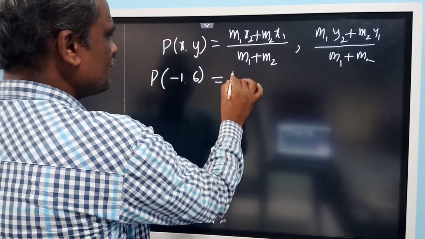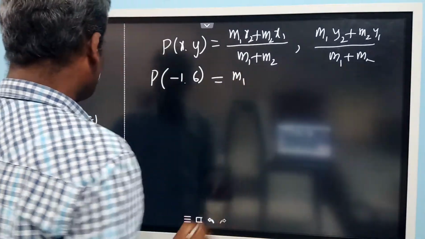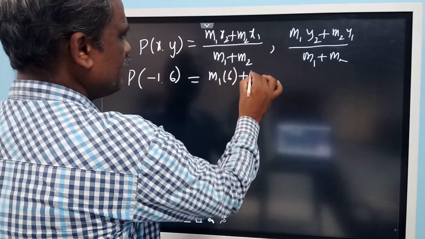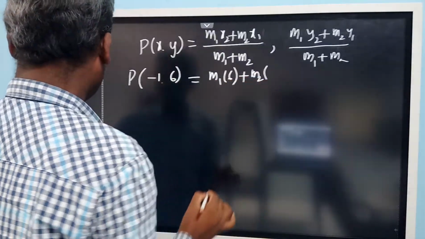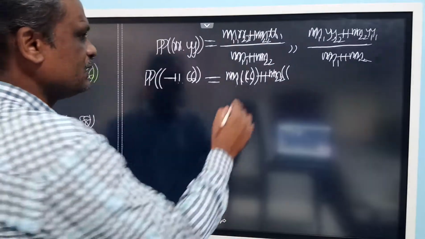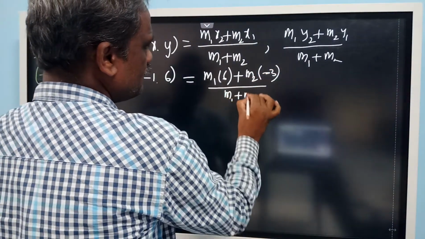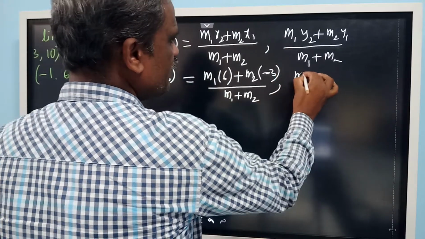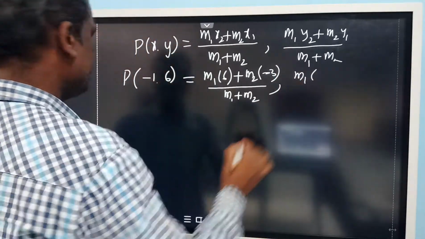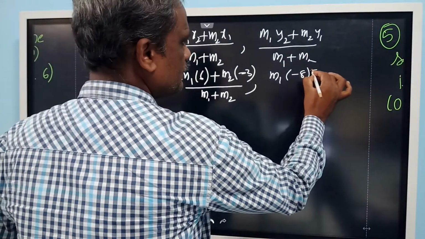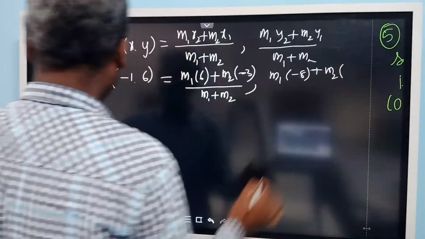M1 we do not know. X2 here is 6. Plus M2, we do not know. X1, look at this, minus 3, divided by M1 plus M2. Similarly, M1 we do not know, Y2 is minus 8, plus M2, Y1.